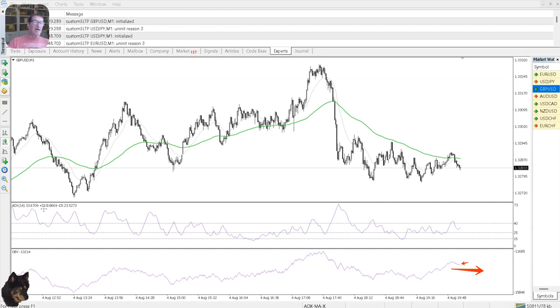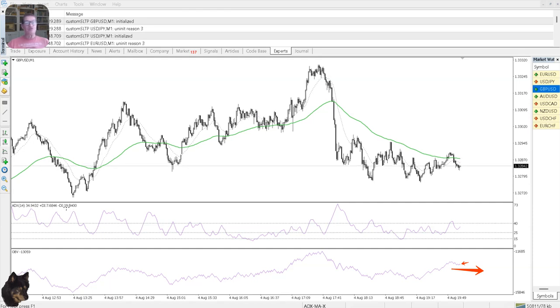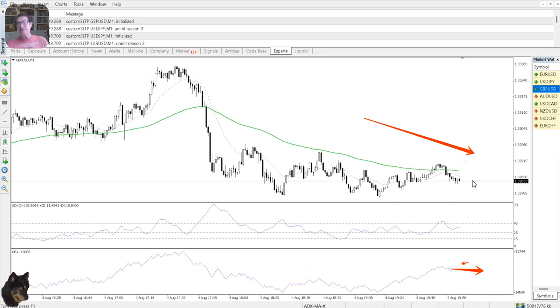The plus DI is well below the minus DI, which means we have a strong downtrend. If I look at my trend indicator, sure enough, that's pretty strong down. Price is also below the 100 EMA. And let's see if this is a bear bar. Although it should be the last one, because we never trade on live data, this is a bullish bar, but it's a very small bullish bar.